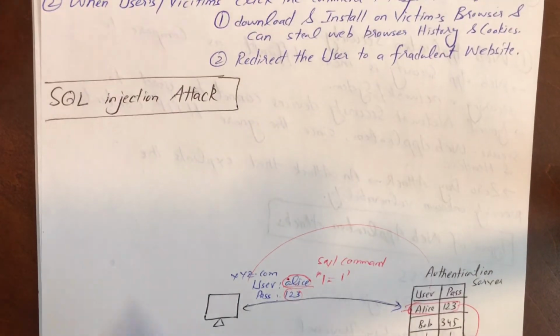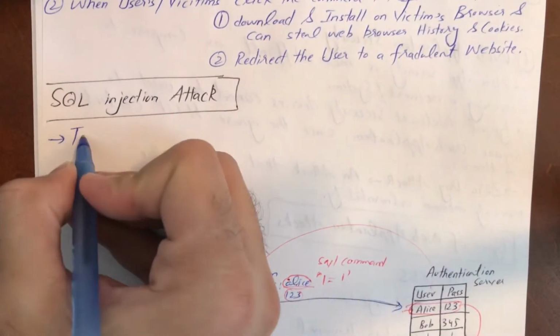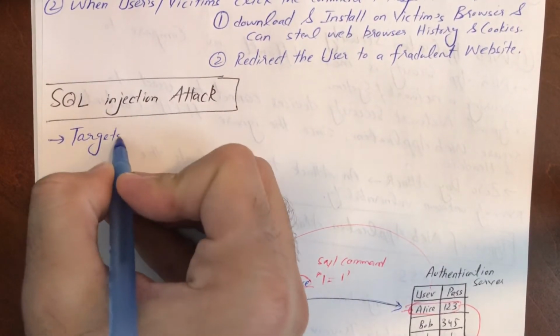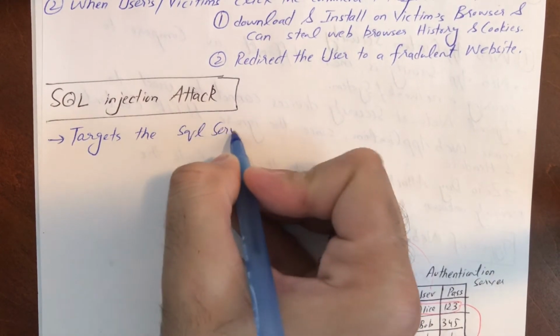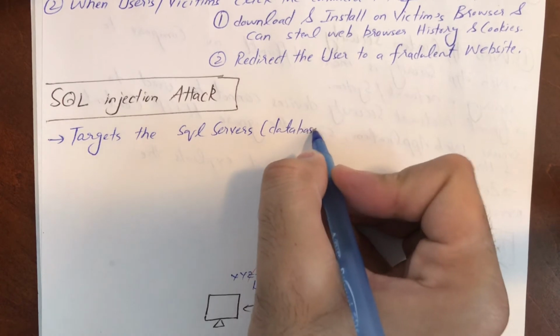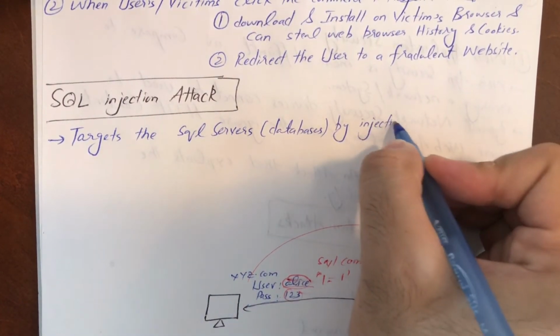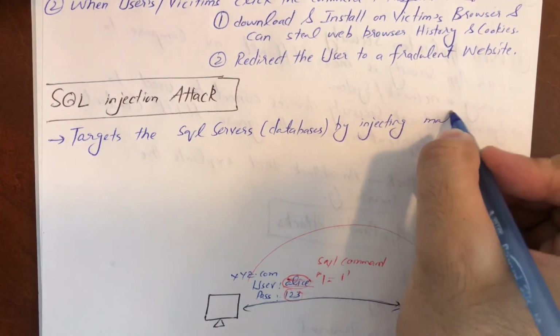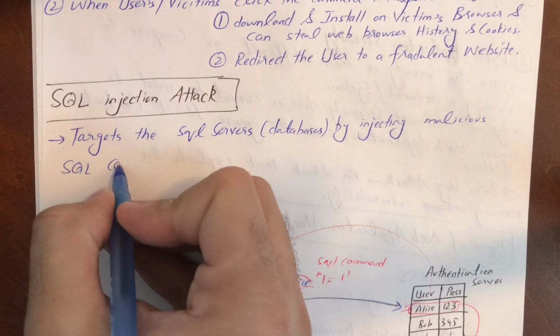So in a SQL injection attack, firstly, as I mentioned earlier, it targets SQL servers and databases by injecting malicious SQL commands.